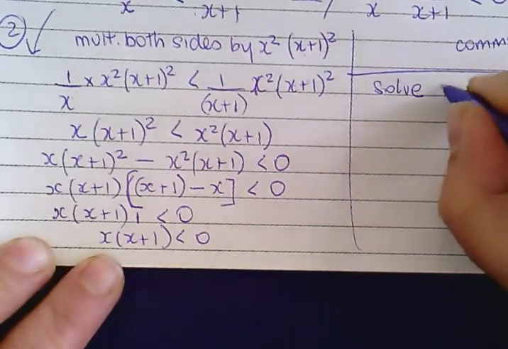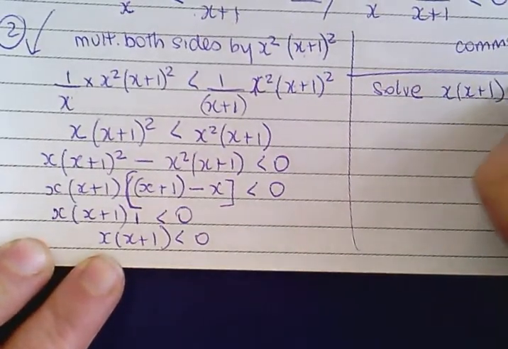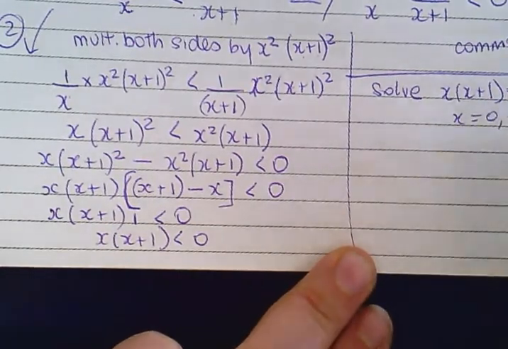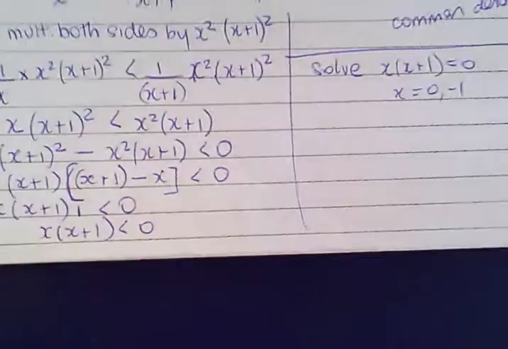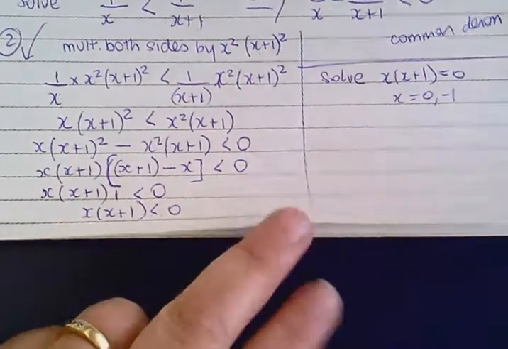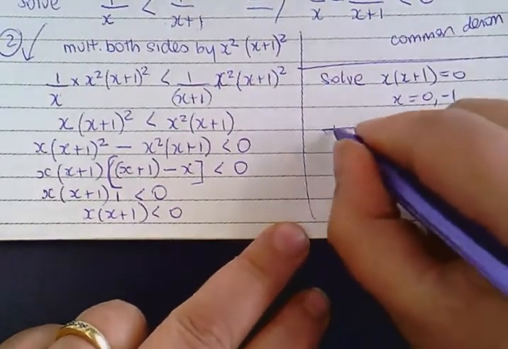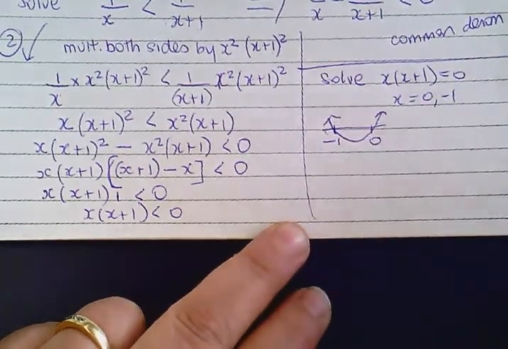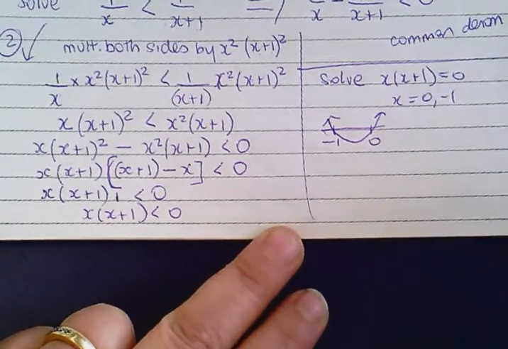Remember we solve x bracket x plus 1 equals 0. I'll sketch it. X is 0 and negative 1. Let's sketch. Concave up or down? Concave up, cutting at negative 1 and 0. And where is your graph? Above or below the line are we looking for?